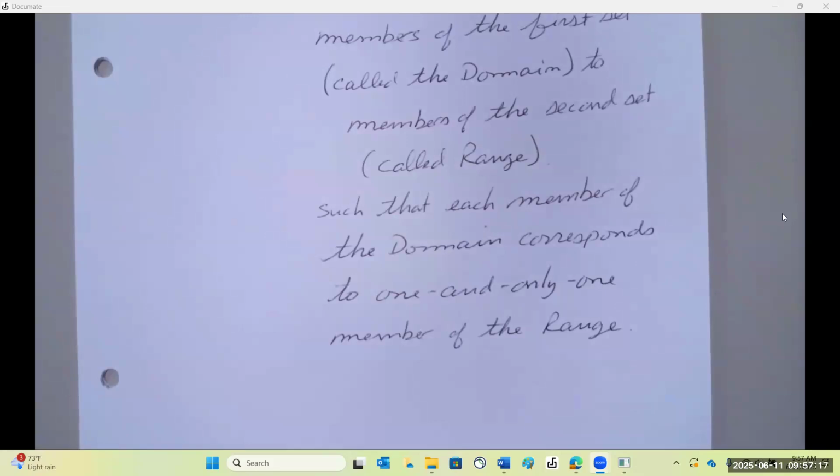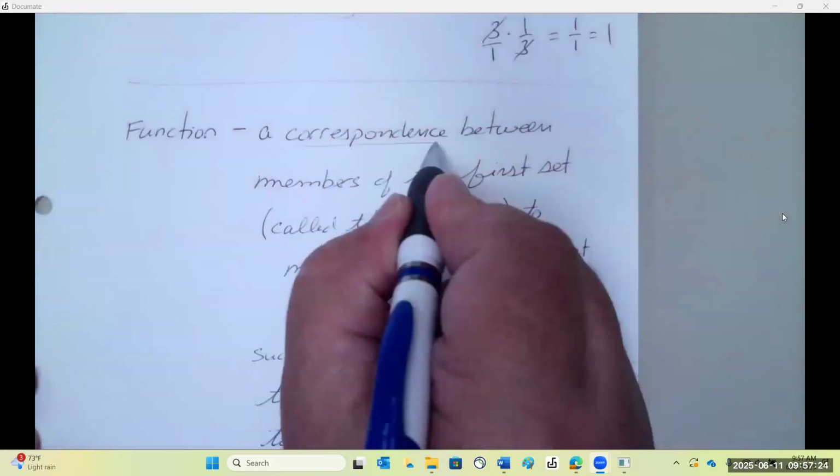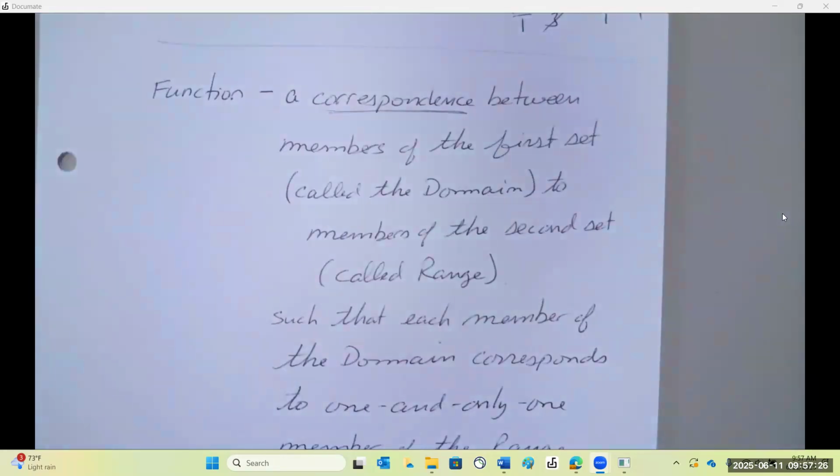Okay, these words they use are not by happenstance. What does correspondence mean? Have you ever heard that word before? Probably not, since you never mailed a letter. In the old days, it used to be called correspondence. Whenever you sent a letter to somebody, that's the same thing now with email. You're corresponding when you send an email, or actually back in the days, when you sent a letter to somebody, and you send that same letter to more than one person.